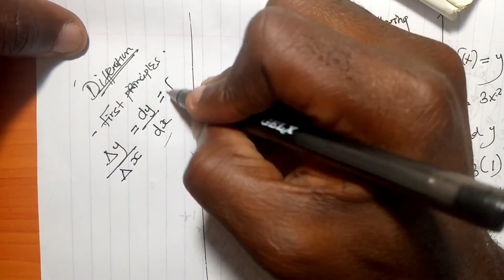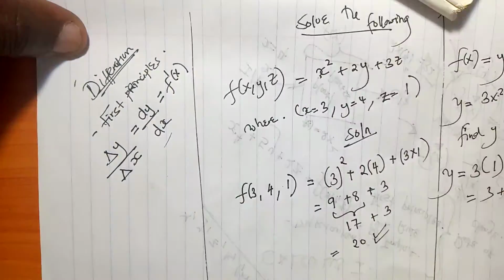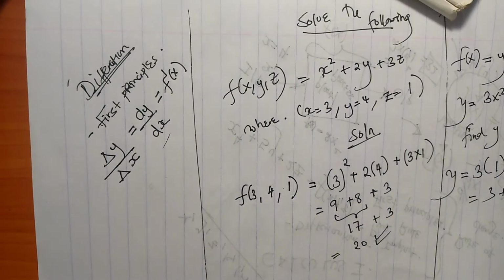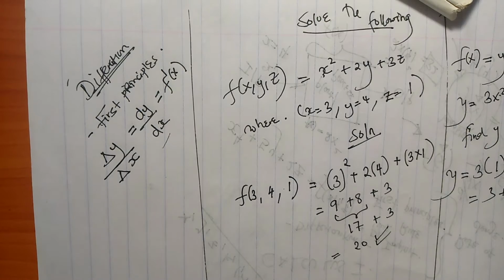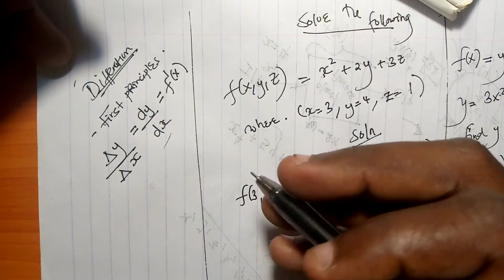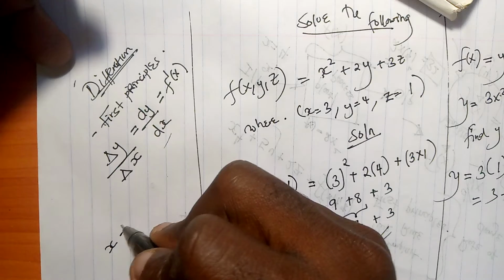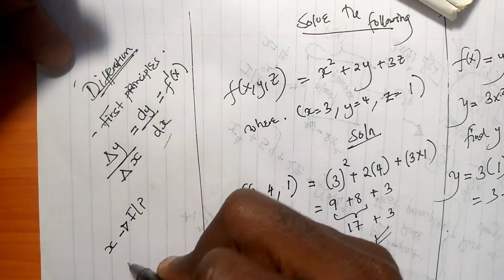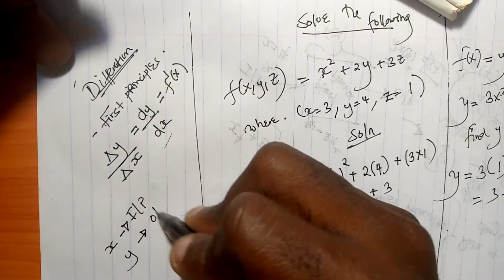Or as I said, f prime of x, something of that kind. So those definitions are actually the same. And like I'll tell you, x usually denotes an input and y mostly denotes an output.